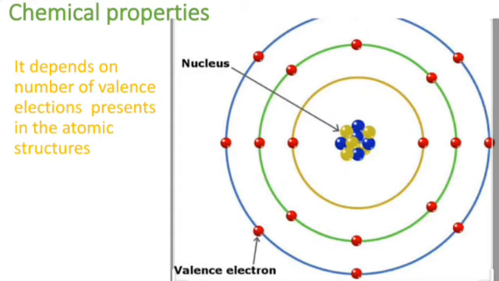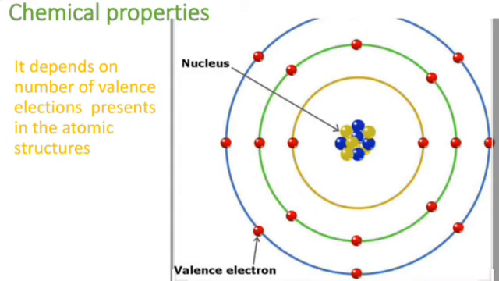Now the first shell is 2 in number, always 2 in number. Then the next shell, which is the second, and others are all 8 in number.